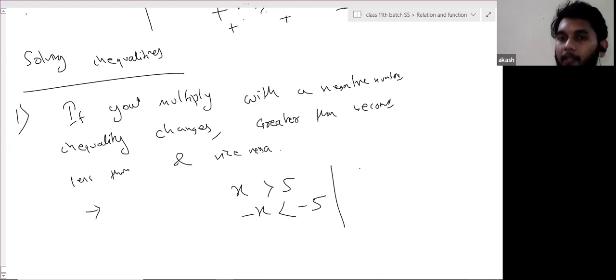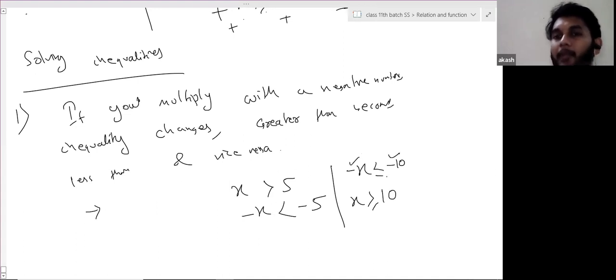So again, if you have minus x is less than or equals to minus 10, then you have to write x is greater than or equals to 10. How do we remove the negative sign? By multiplying by minus 1 on both sides, so the less than or equals to becomes greater than or equals to.